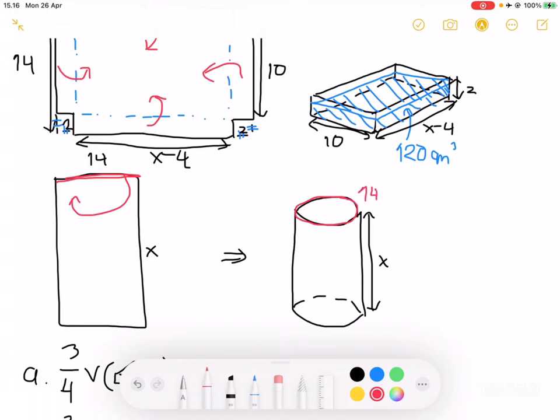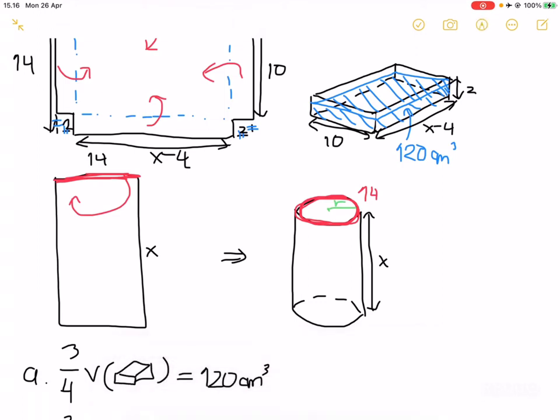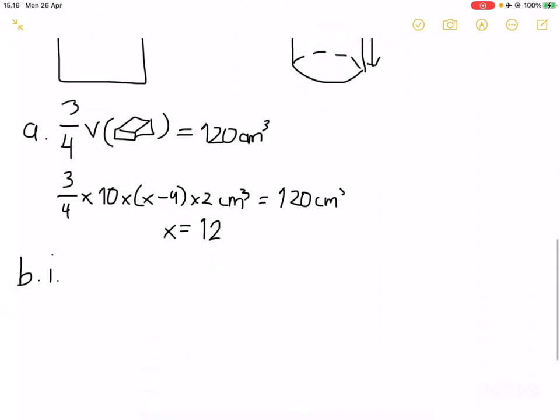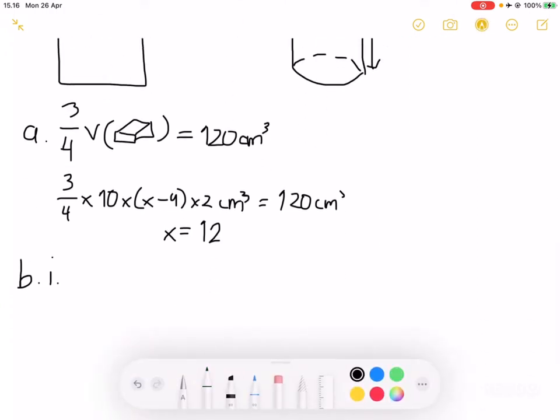Since you just wrap the container and the original side of this length here is 14. So likewise, this circumference will be 14 as well. Now let's suppose the radius to be r, and therefore the circumference of this circle is 2 pi r. So we have 2 pi r, and from the diagram we know the circumference is 14 centimeters.